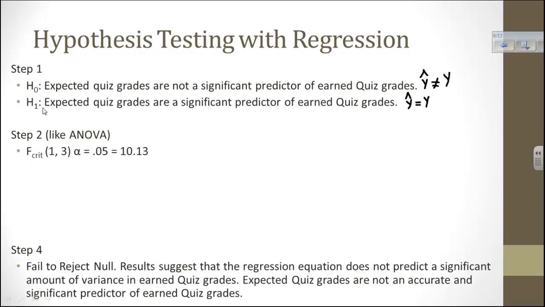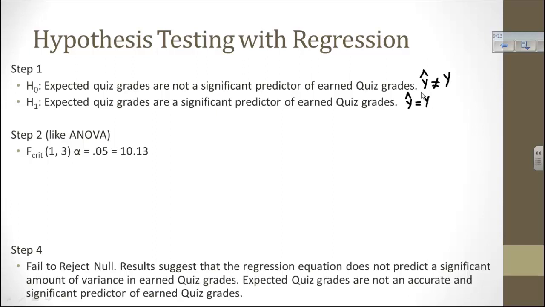The reason that they don't typically do this is because, remember, it can still be significant and there can be error between y hat and y, the predicted and the actual. But I just wanted to write that down to show you conceptually that's pretty much what we're saying. There's not a significant difference between the predicted and the actual y values, according to the alternative. And according to the null, they're not equal, right? There is a significant difference between what we would predict their value to be on the dependent variable and what their actual value is.